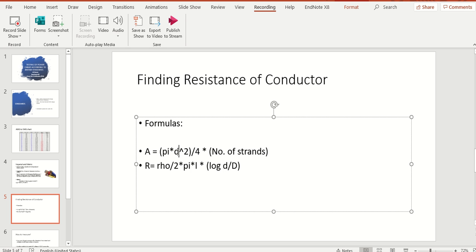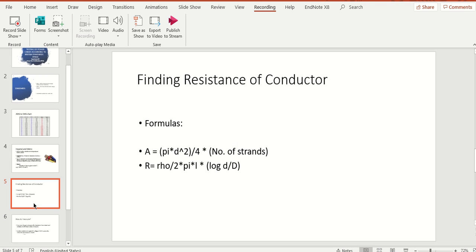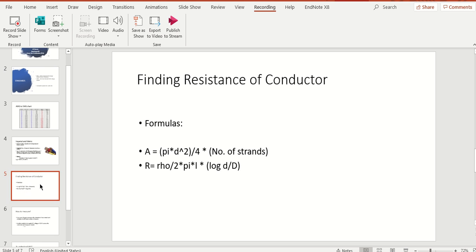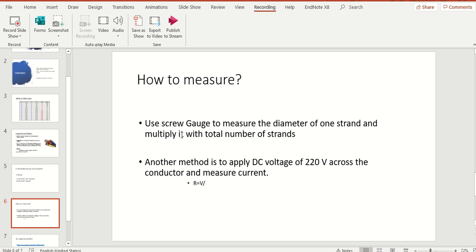Small d is the diameter that you used, and capital D is the total diameter of the cable. So if there are 7 conductors, you can easily find this diameter, multiply by 7, and you will get the larger D. This will give you the resistance R. These are simple formulas, you just have to ponder over them and you will get how to find these.